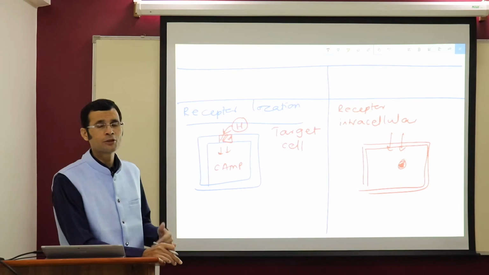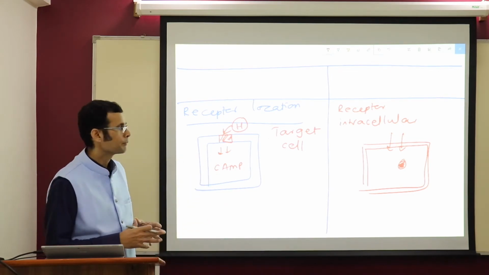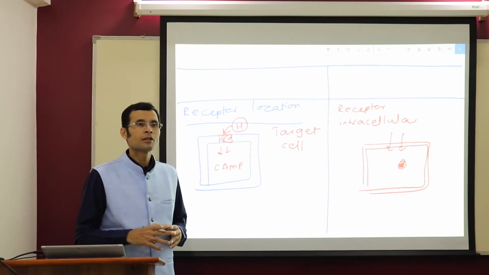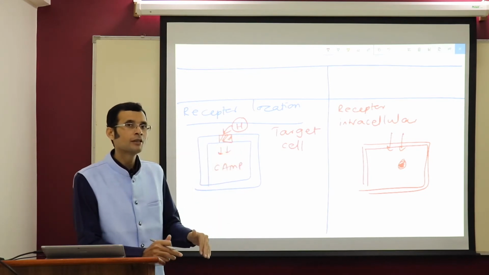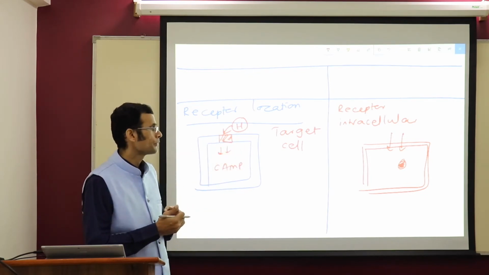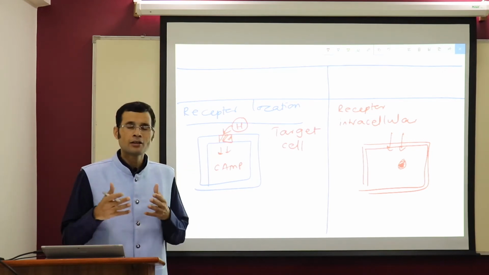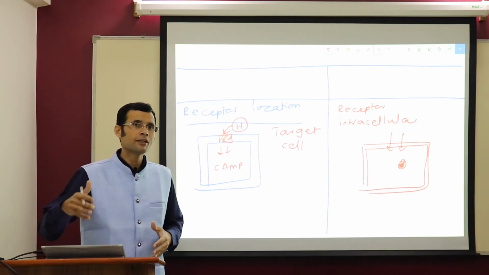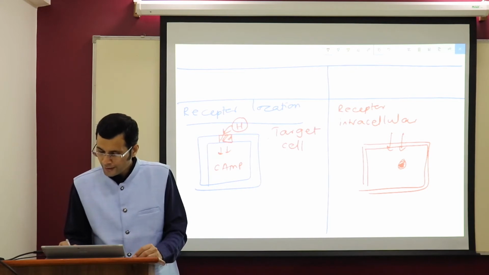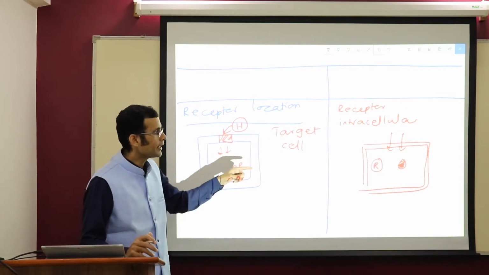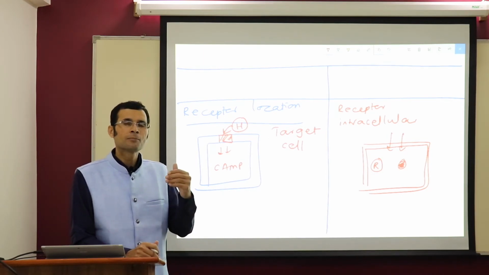Some of them have cytoplasmic receptors, some of them have nuclear receptors. For instance, estrogen is known to have a nuclear receptor, intracellular receptor meaning nuclear receptor. But it has been observed that hormones like estrogen, which have an intranuclear receptor, too have a cytoplasmic receptor, an intracytoplasmic receptor, which has been called the primary receptor.